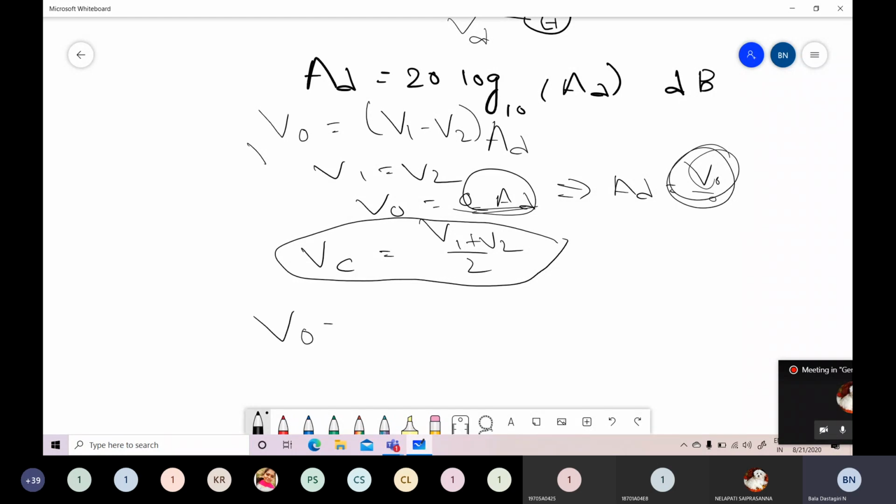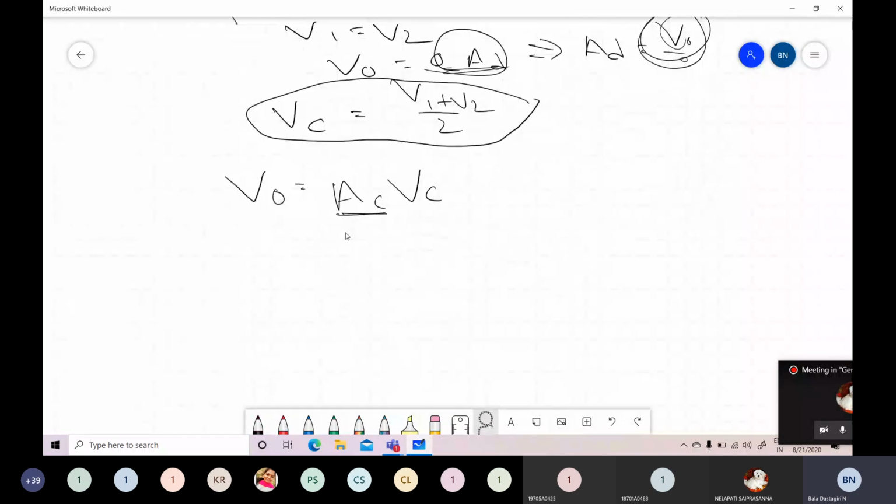Therefore V0 can be written directly as V0 is equal to AC into VC, where AC is the common mode gain. In the previous case, AD was the differential mode gain, when considering the difference of two input signals. When considering the common input signal, we take it as AC.